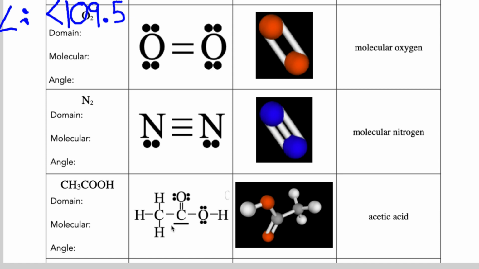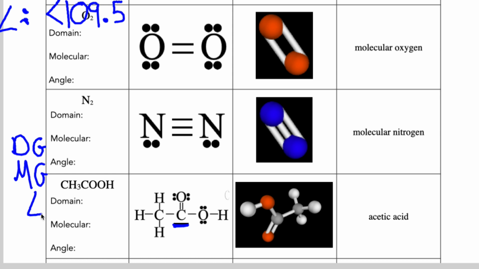So down here we've got this carbon atom right here. Again, we need domain geometry, molecular geometry, and the angle. Looking at that carbon, how many domains does that carbon have? You see 3?